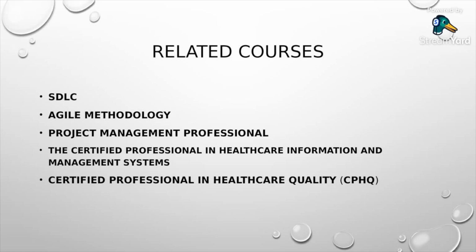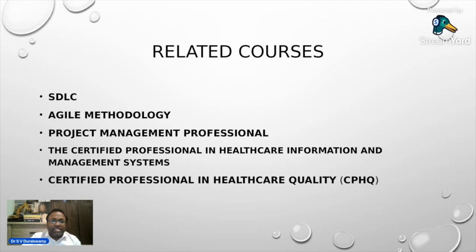What are the courses that are required or helpful? Here are some of them. I just want to mention that none of these are sponsored. These are just something which I have noticed in the past, and I have seen people in the same stream do these courses.